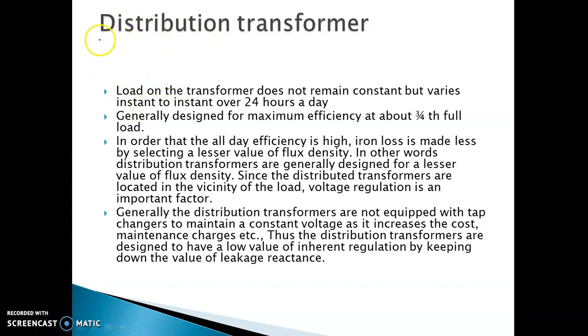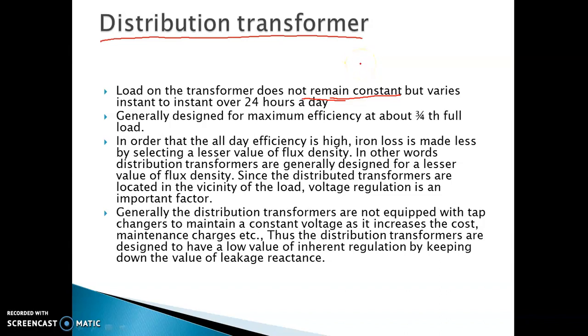In a distribution transformer, the load on the transformer does not remain constant. In a power transformer, the load was constant, but in a distribution transformer, the load does not remain constant. On your street side, the load is not constant because every time the load is changing.